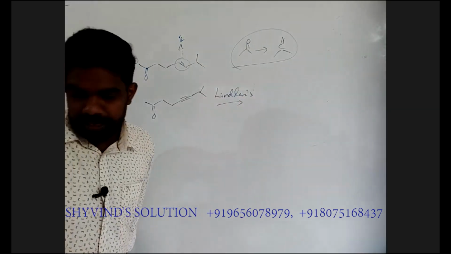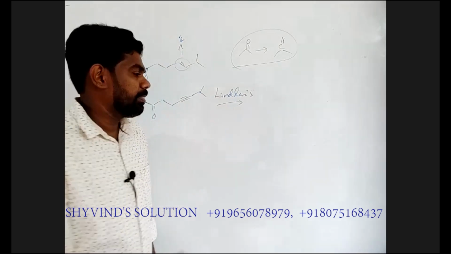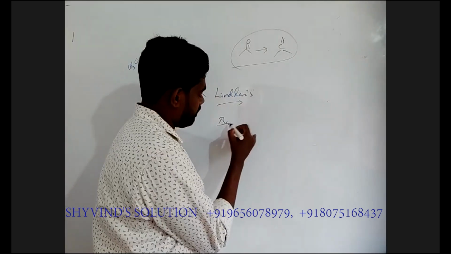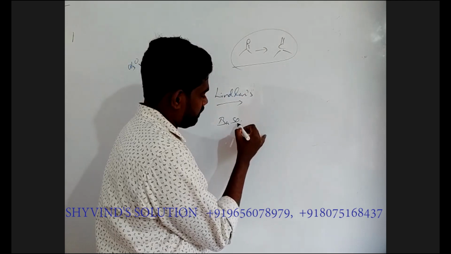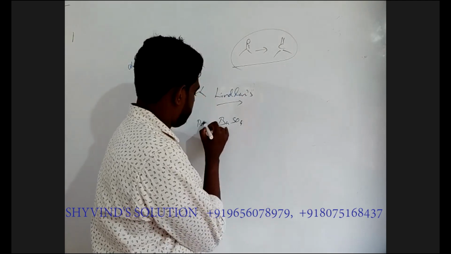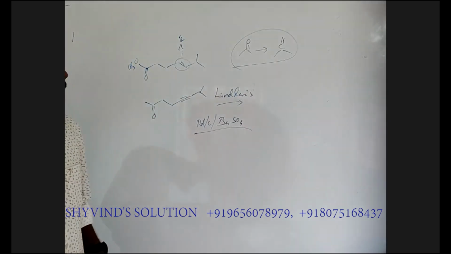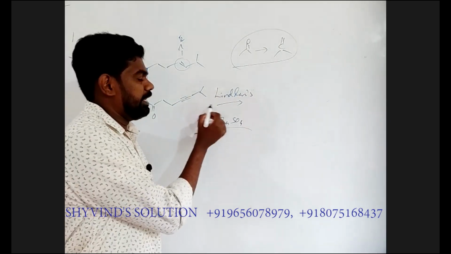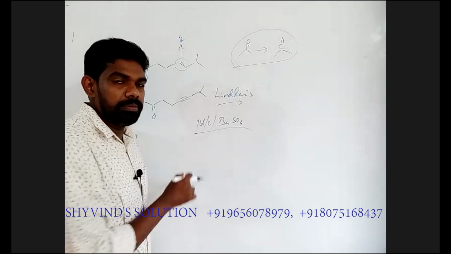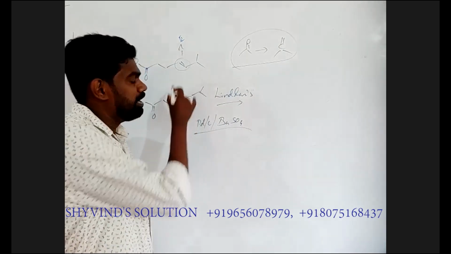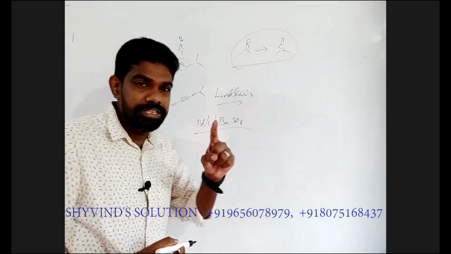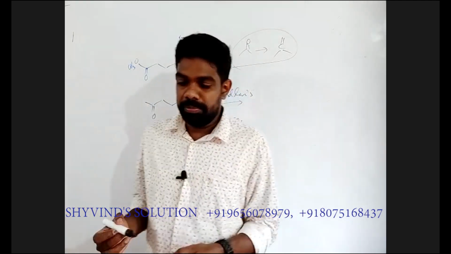Lindlar's catalyst. Lindlar's catalyst means barium sulfate, palladium, carbon, barium sulfate. This is Lindlar's catalyst. The Lindlar catalyst also converts C triple bond C to C double bond C. We'll get the same product, but you should be careful about stereochemistry.